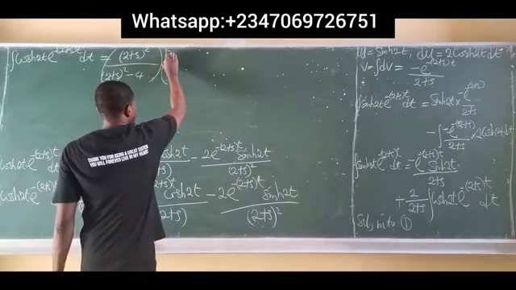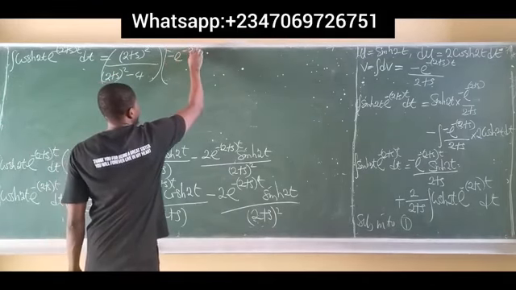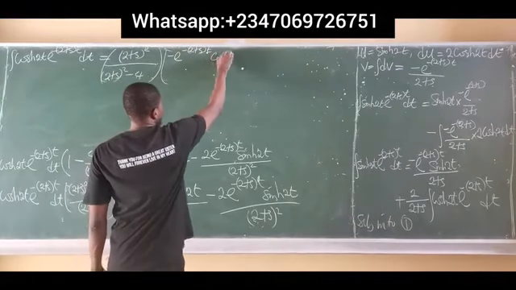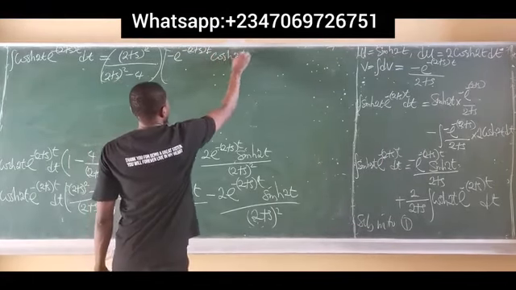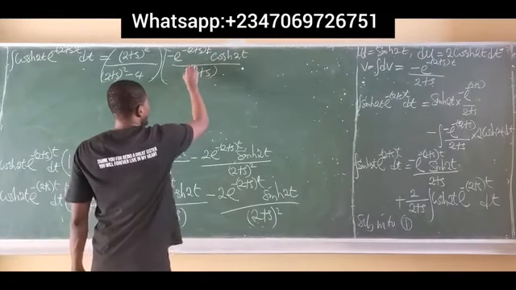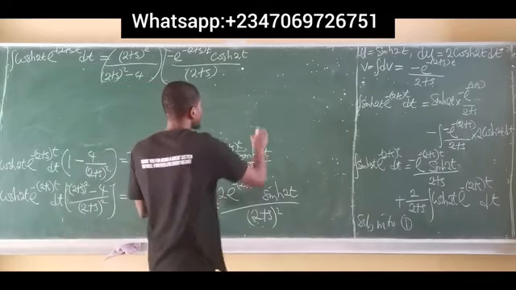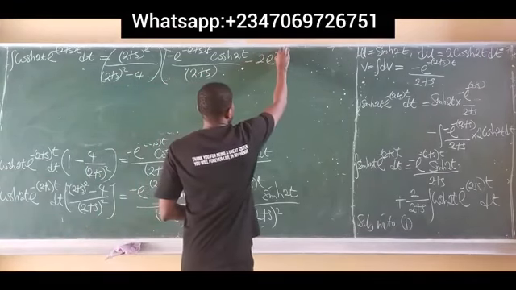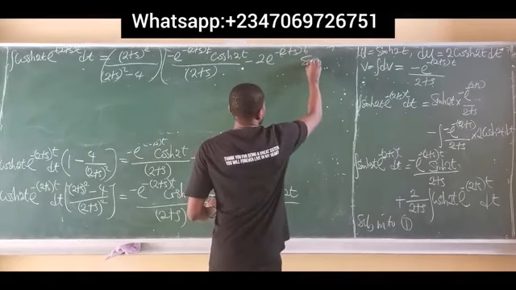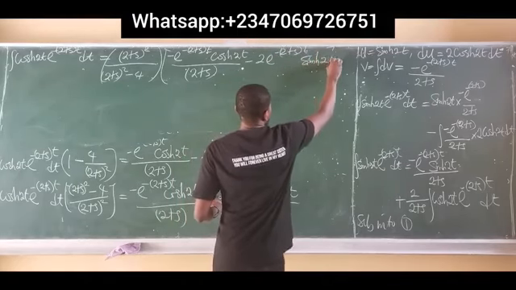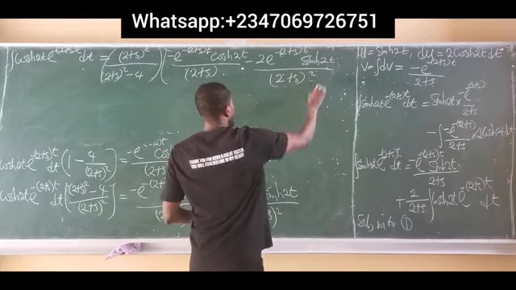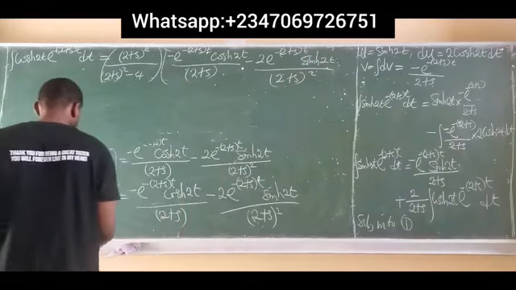So we have minus e^(-(2+s)t) cos 2t all over (2+s), minus 2 e^(-(2+s)t) sin 2t all over (2+s) all squared. We have this.